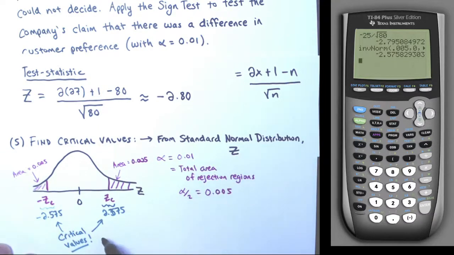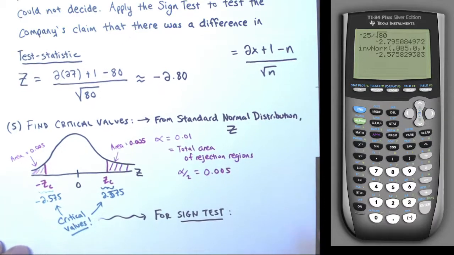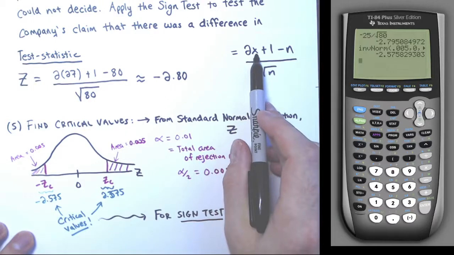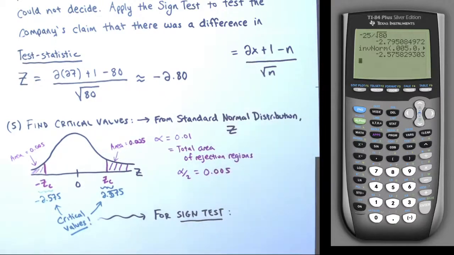Now, as I mentioned before, for this sign test, we're going to compare to the left one, all right? Because remember, the value of this x was the number of the least frequent sign. So I'm already thinking left. I'm already thinking less. Because I chose x to be the number of the least frequent sign, we're going to compare to the left critical value.